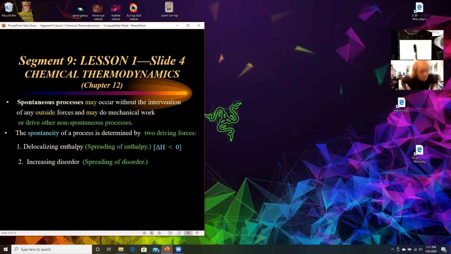A second and then independent one is increasing disorder. Now this might sound funny to you, but if you think about a nice pretty building with all of its bricks and everything that make it up, that's got an organized pattern of bricks and mortar and stuff that make up that building.